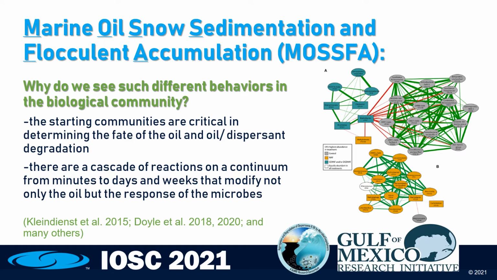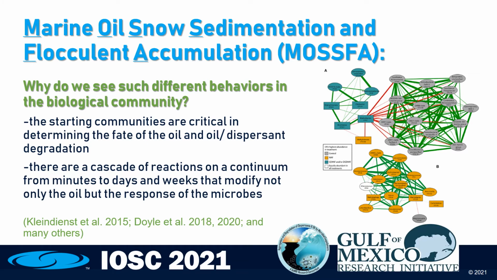We know that the starting communities found in the surface ocean are very distinct from those found in the deep sea, and ultimately there will be a difference in the cascade of reactions that occurs as these bacterial communities, phytoplankton communities, break down the oil.